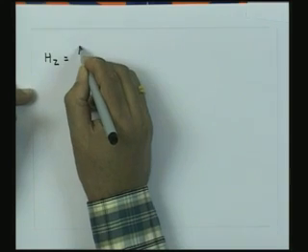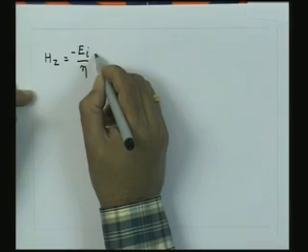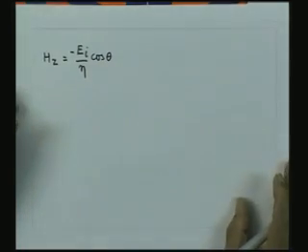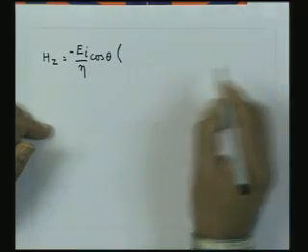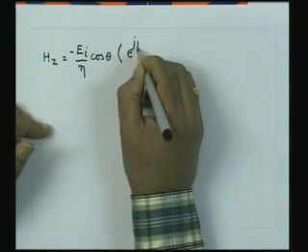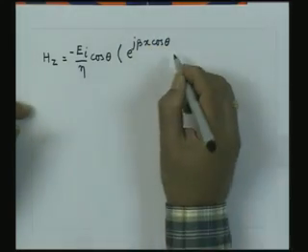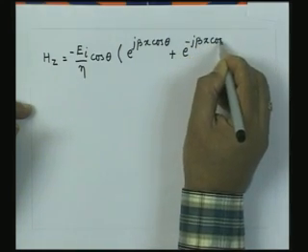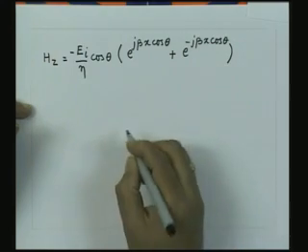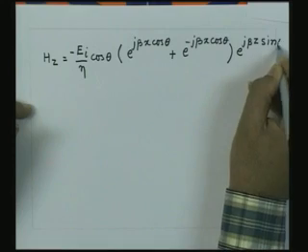So, essentially I get here minus E_I upon eta cos of theta, times e to the power j beta x cos theta plus e to the power minus j beta x cos theta, times e to the power minus j beta z sin theta.